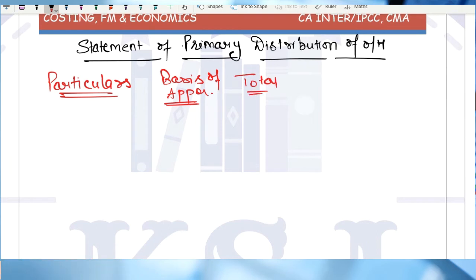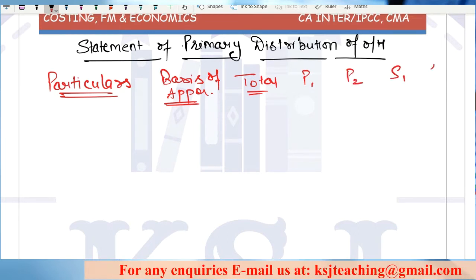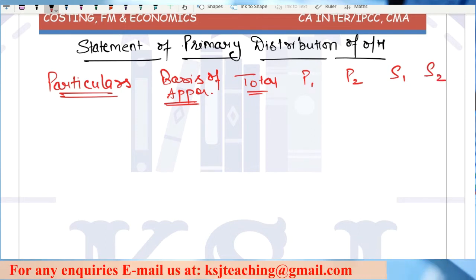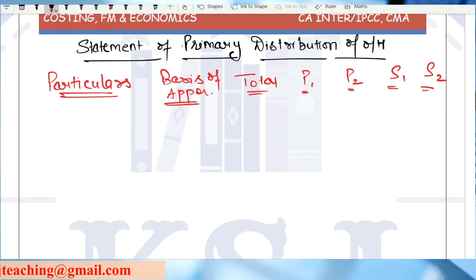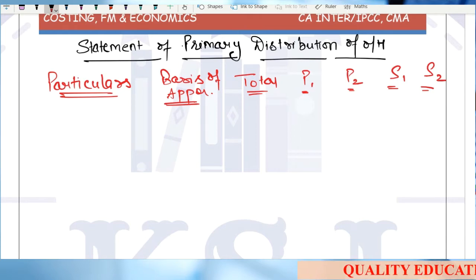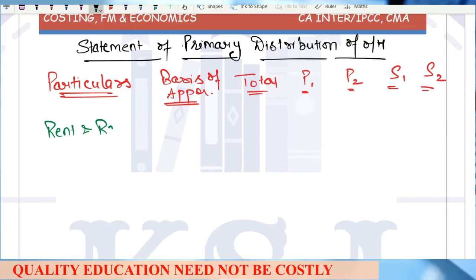Then you have to write the various departments: say P1 is production department 1, P2 is production department 2, then S1 and S2. These will be the headings that you have to give. First is particulars, in which you will write the various overheads, for example rent and rates.